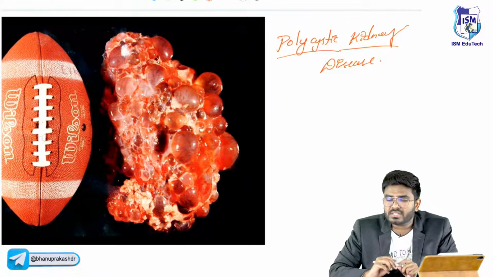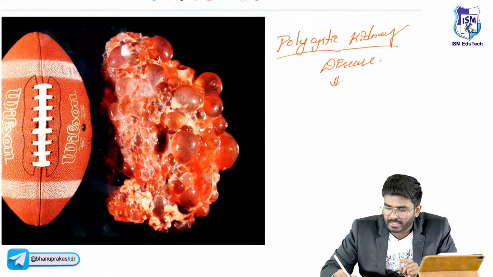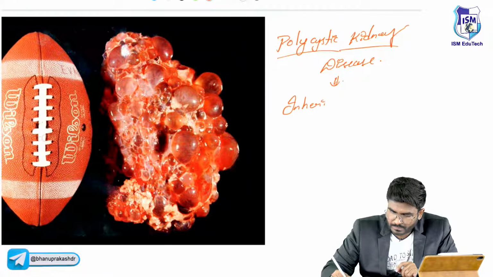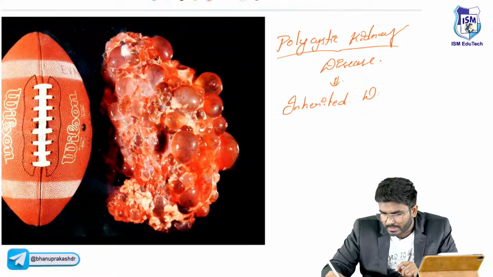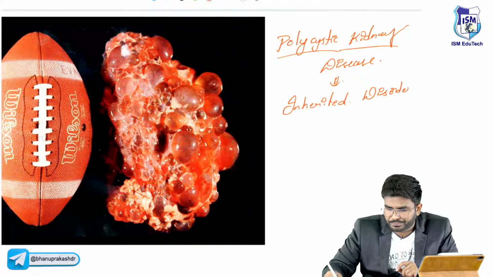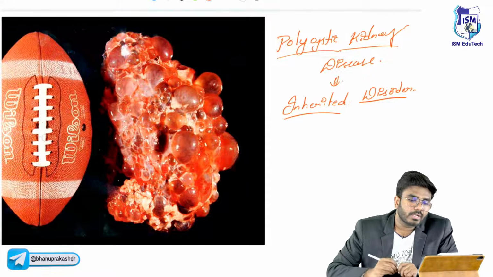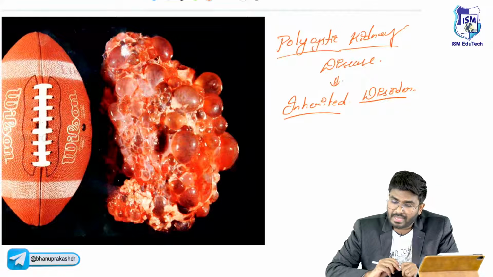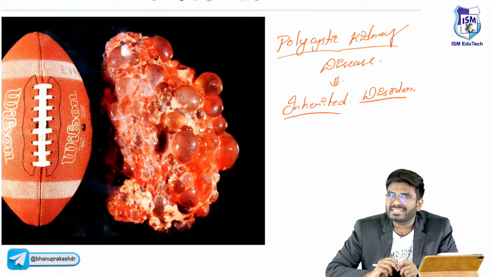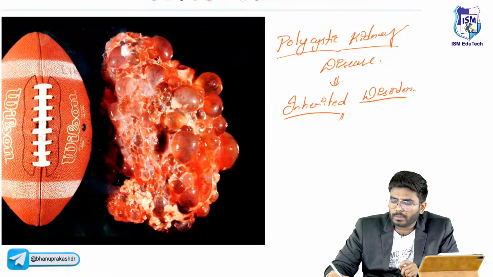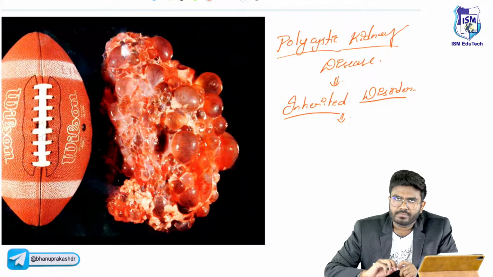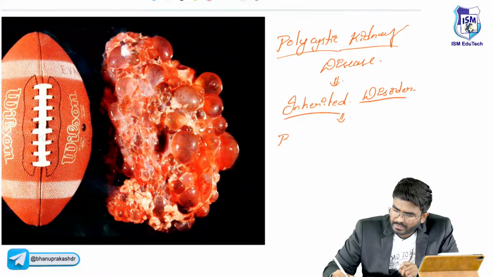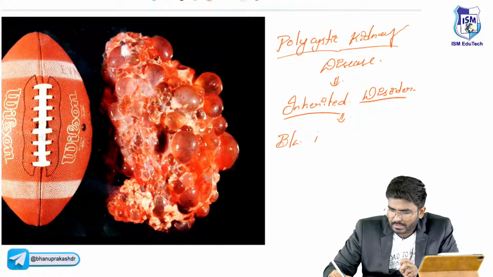See, first of all, polycystic kidney disease is an inherited disorder, sir. As it is an inherited disorder, genes are involved, right? So is it going to be bilateral or unilateral in nature? It's going to be bilateral, very, very important. It's always bilateral in nature.